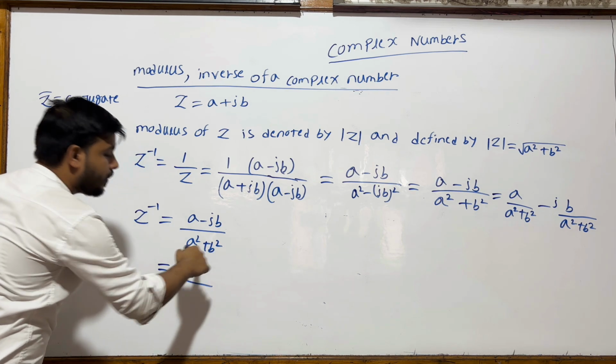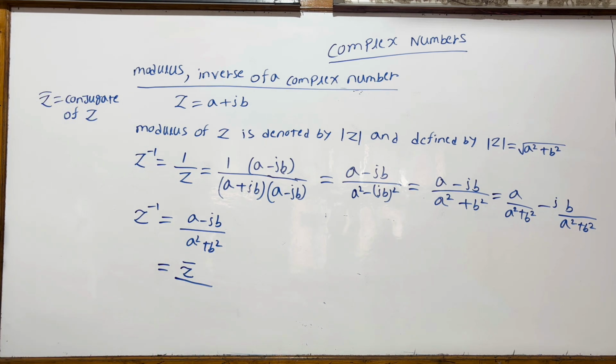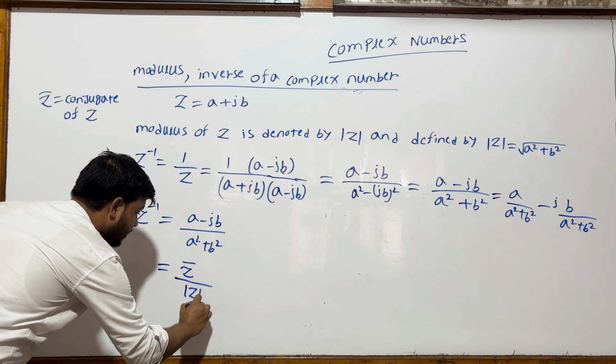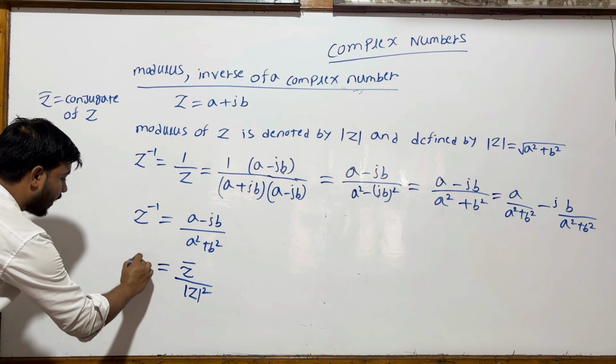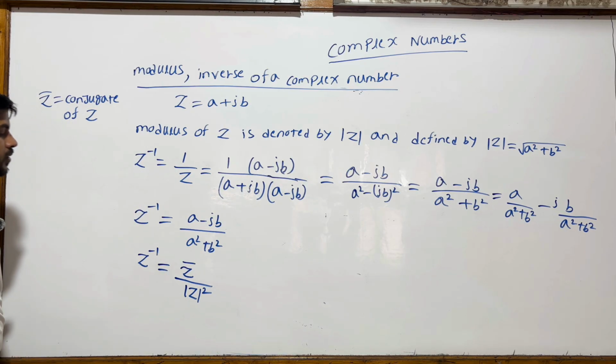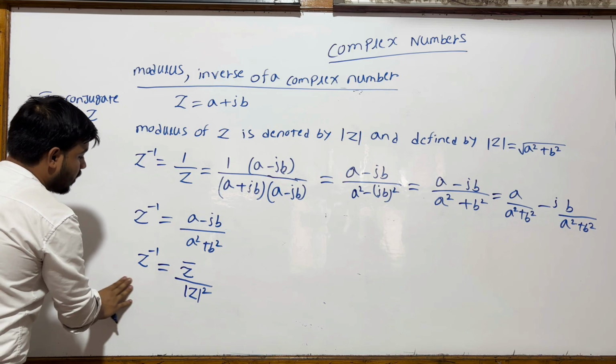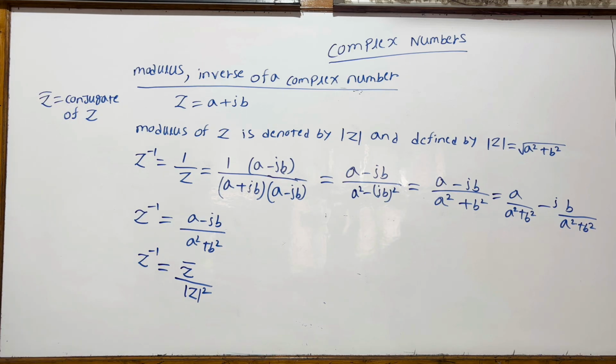And a square plus b square is equal to mod z whole square.